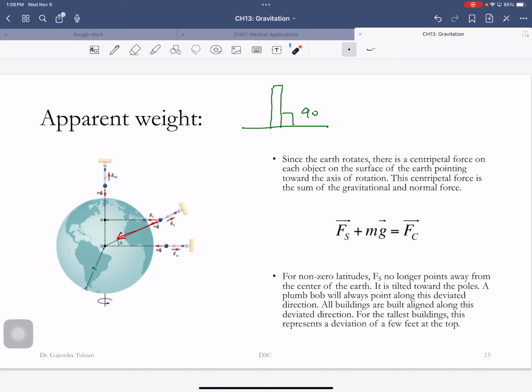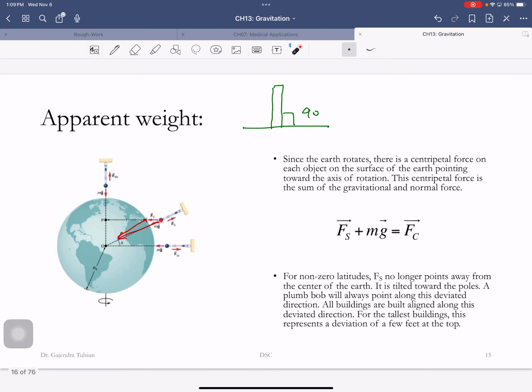Well, not quite upward; it has to pull like that, because this force plus this force is equal to that force. So the plumb bob hangs in that direction, and that's the direction in which you're building the building. Every building in the northern hemisphere is tilted towards the North Pole, and every building in the southern hemisphere is tilted towards the South Pole. The only vertical buildings are at the equator and at the poles.